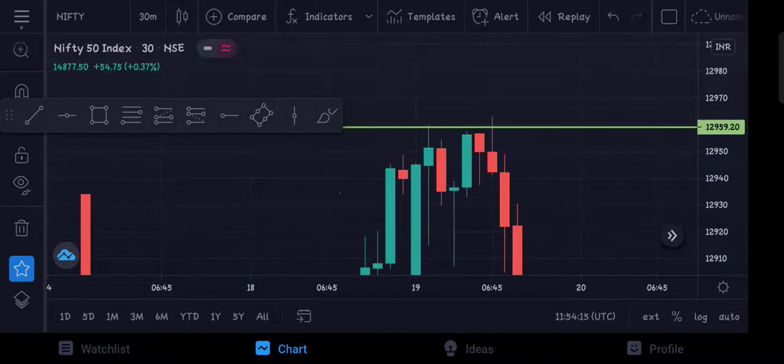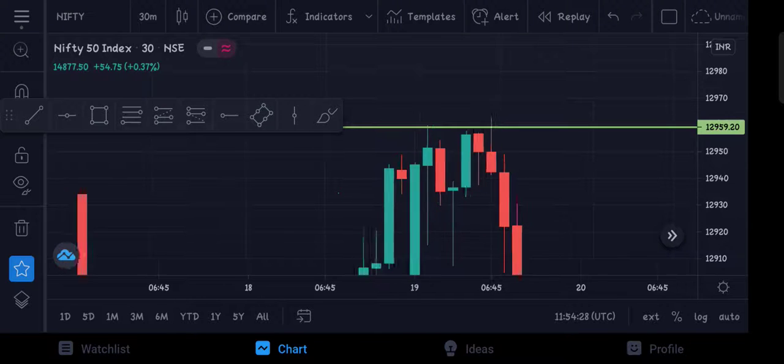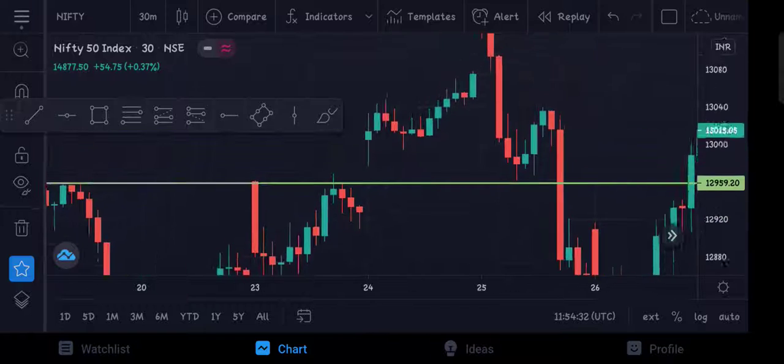Can you see this candle? It has formed a bullish pin bar, but in the wrong place. There is a resistance area and this bullish pin bar has formed. But what happens if you had a long entry in this place? You could be in a losing trade. So never trade them in isolation.